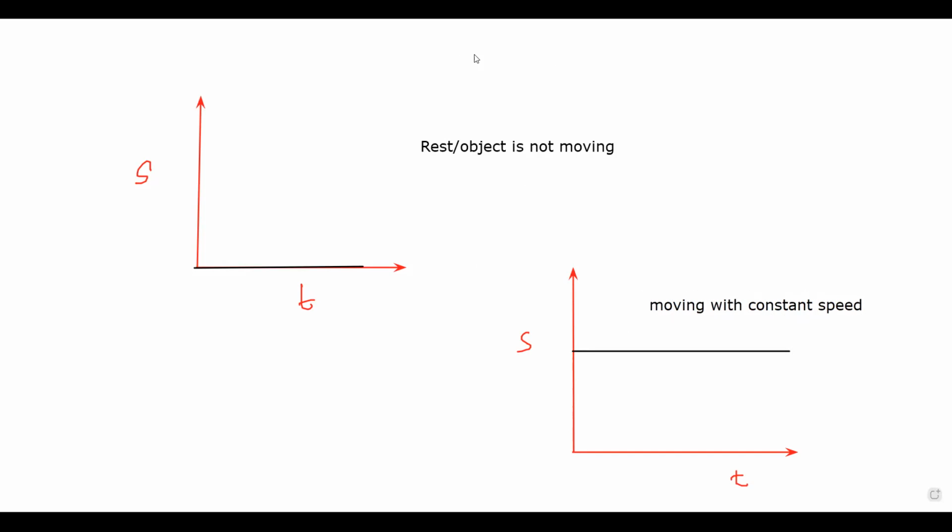If it is a straight line for a speed time graph, what can you say about the object?